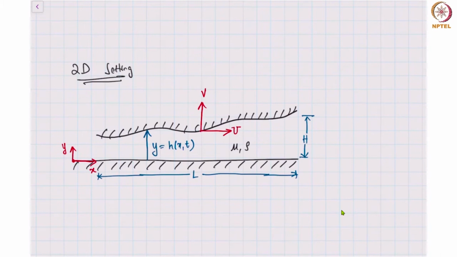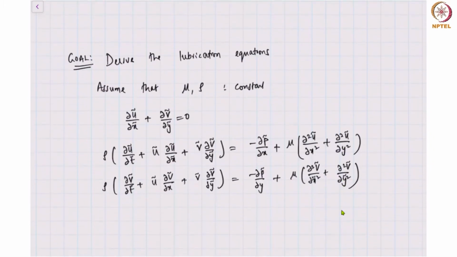And for this fluid, we are assuming that the fluid is incompressible and Newtonian. Notice that I have put a small tilde for all the dimensional quantities. So the velocity, the length scales, x and y, and the pressure all have a tilde on top. So these quantities with the tilde are dimensional quantities.